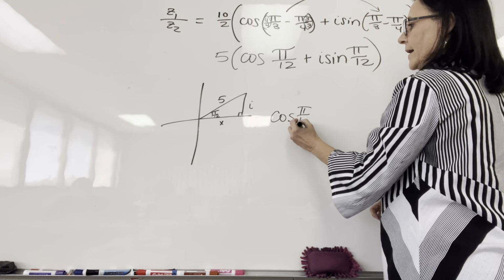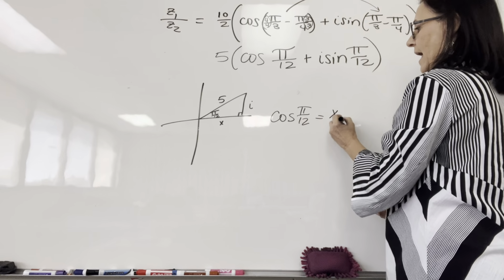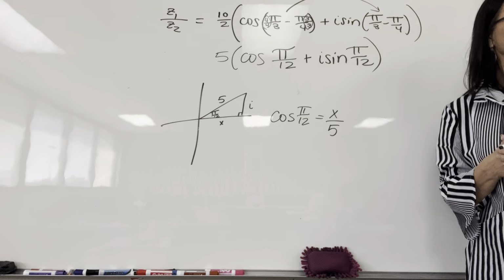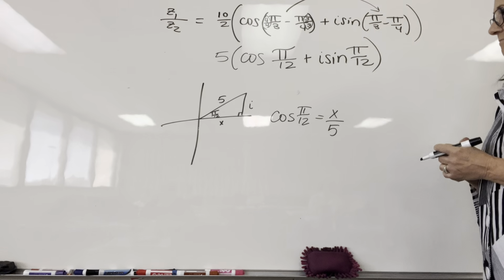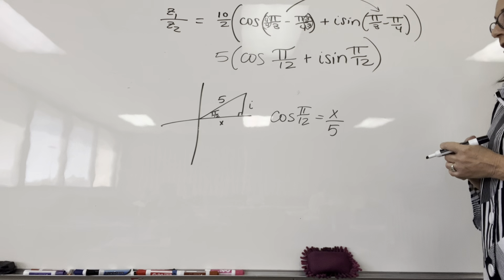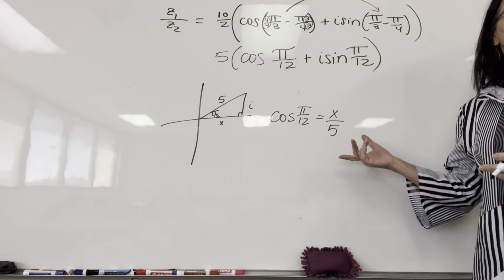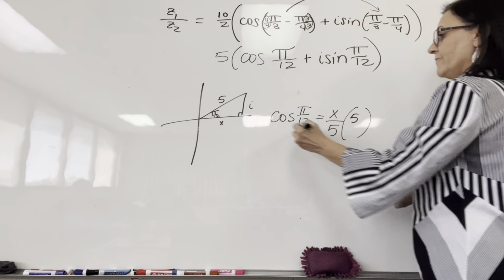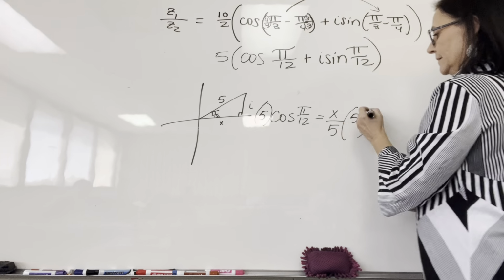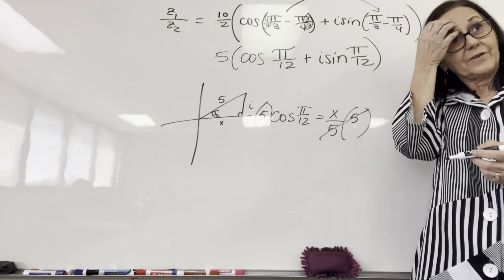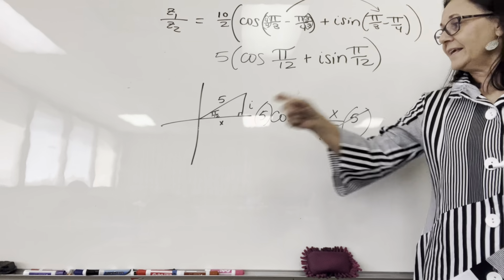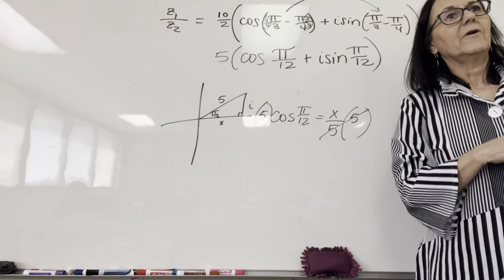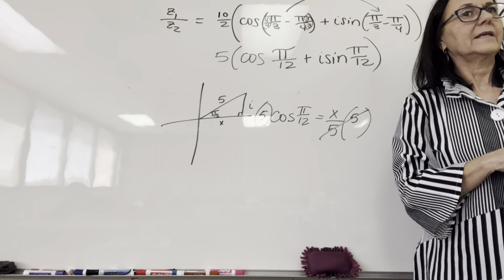Cosine of pi over 12 equals x over 5. I would do a simple trig ratio. Multiply by 5. You're not going to get the ratio for the half angle.